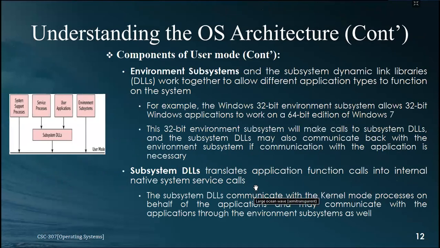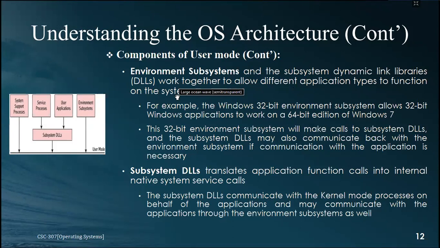Now we will not go into the details, but the next component is environmental subsystem. What the environmental subsystem does is it basically has dynamic link libraries that work together to allow different application types to function on the system.